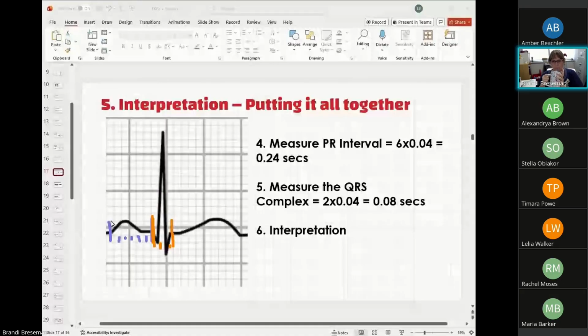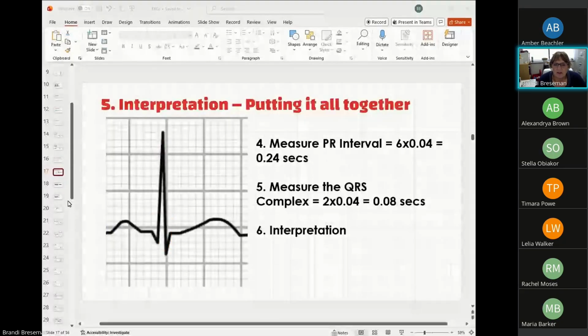Yes. And so once we've done all that, this is where we interpret. This is how we interpret this rhythm. Let me stop annotating and go on to slide 18.